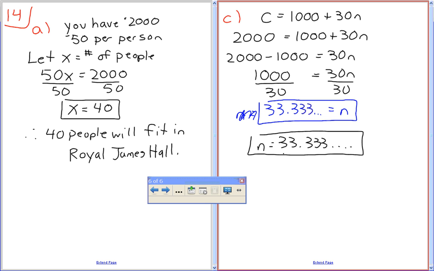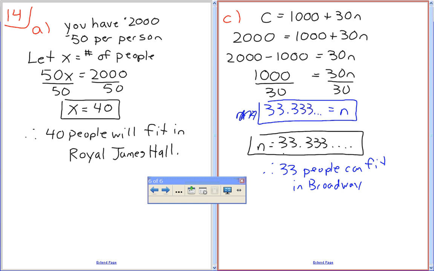So you want the amount of people at the time. Yes. And that's where it's going to lead to. Therefore, 33.33 people can fit in. How do you point people? You can't really.